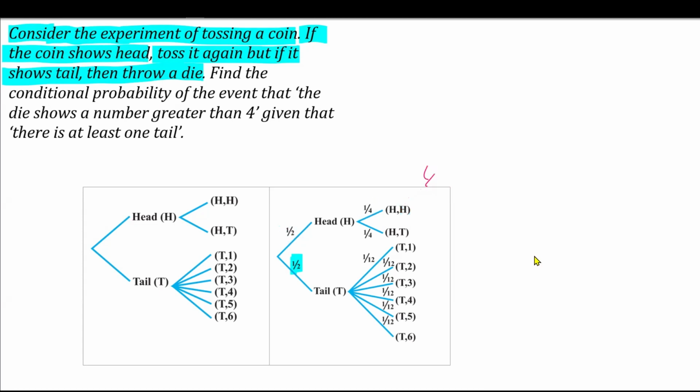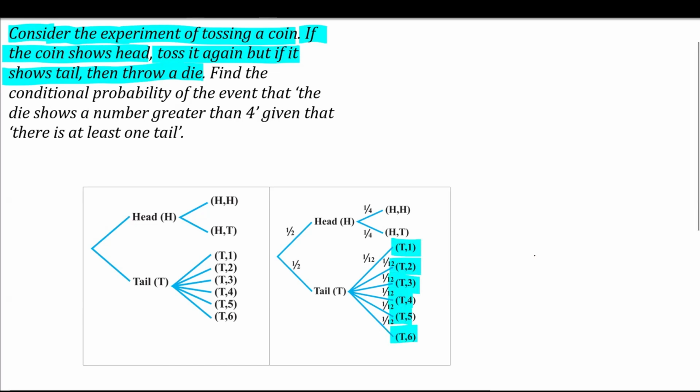So for this event to occur, it is 1/4, and so is for this. Now, in a die there are six faces. Getting one, or maybe three, or four, is 1/6. But as we have half of 1/6, that is 1/12. So the probability of getting T1 is 1/12, and so is for all these.